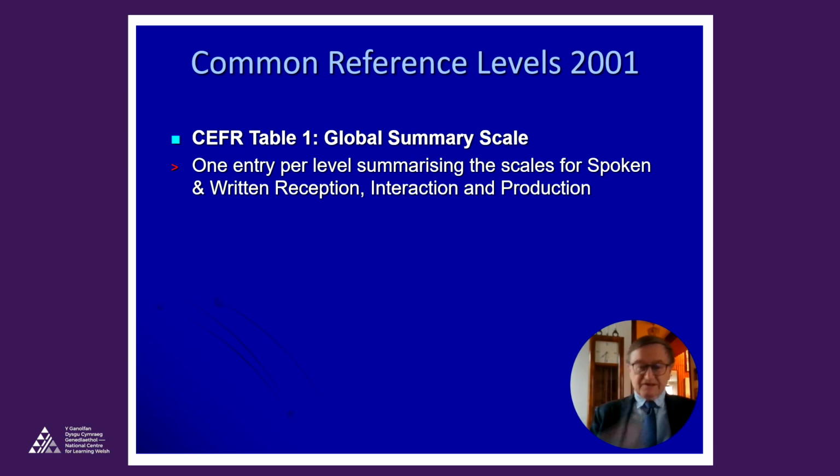In terms of common reference levels, several tables and scales have been offered in this document, starting with the most popular global summary scale, where the reference levels have been summarized in short descriptions.